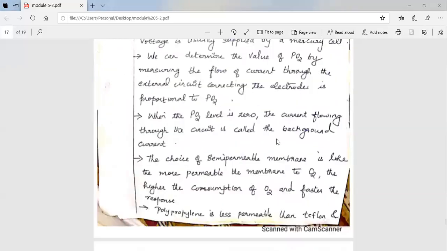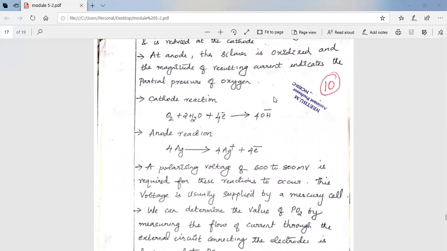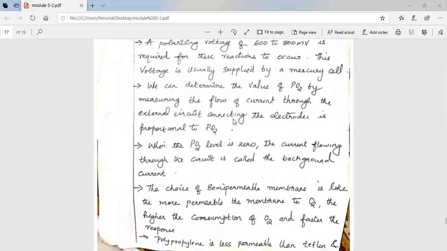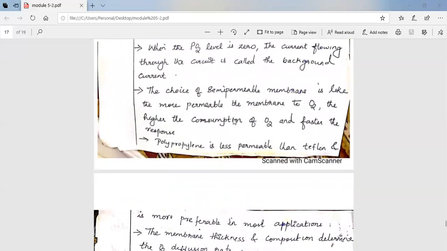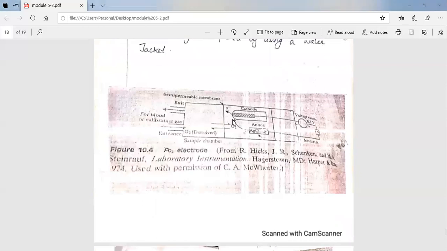The cathode reaction is O2 + 2H2O + 4e- gives 4OH-, and the anode reaction is 4Ag gives 4Ag+ + 4e-. A polarizing voltage of about 600 to 800 millivolts is required for this reaction to occur.